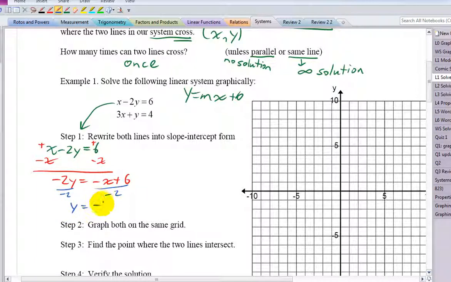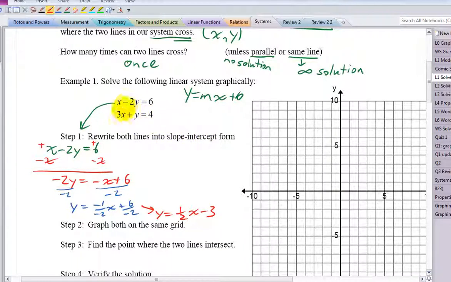That equals negative 1 over negative 2x plus 6 divided by negative 2. Now a lot of you should be able to go to y equals positive 1/2 x minus 3. So all the terms must be divided by negative 2.